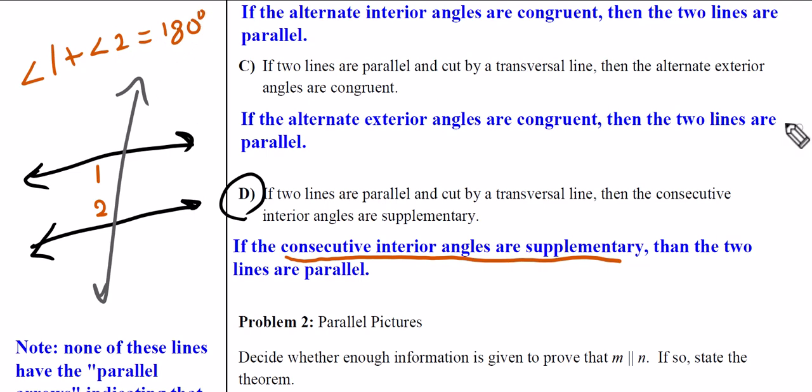What this converse theorem is telling us is that if these are supplementary, then the lines are parallel. So again, the big picture here is we are starting off these problems not knowing that the lines are parallel. Our job is to prove that they are parallel because of the angle relationships that they give us.